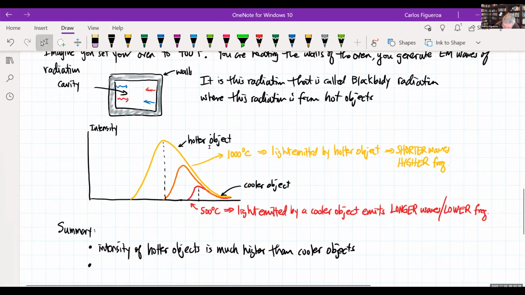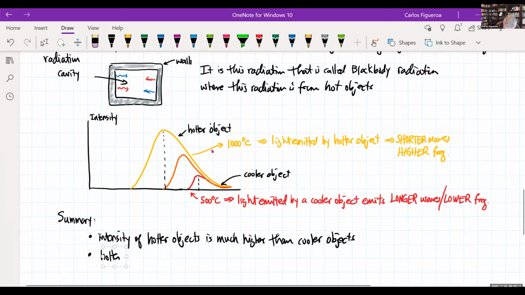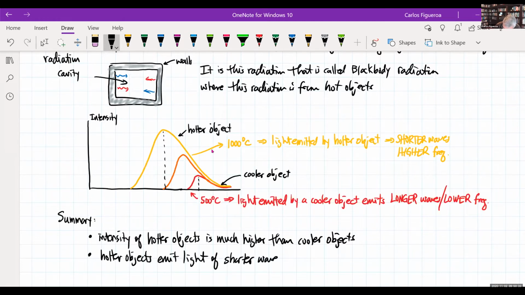But then what you're seeing here is that hotter objects emit light of shorter waves. Now, I should be careful when I say that.